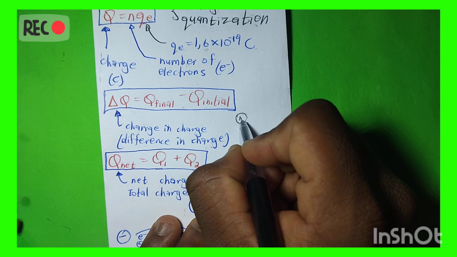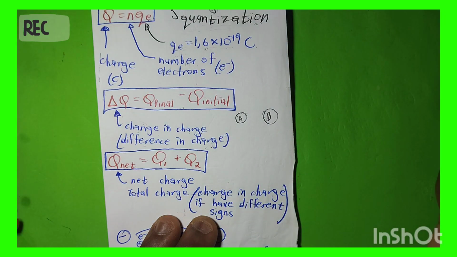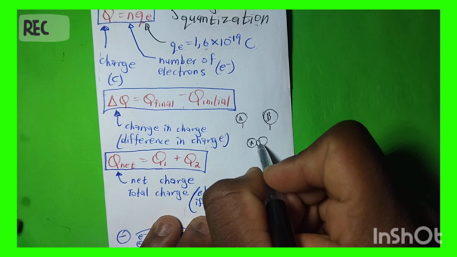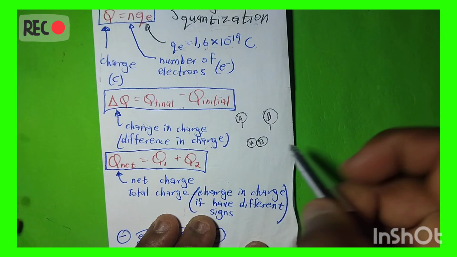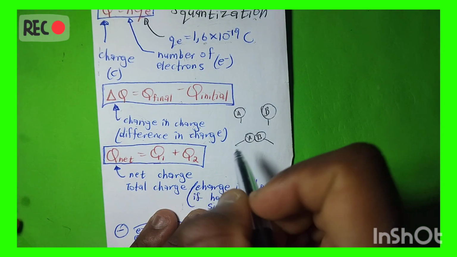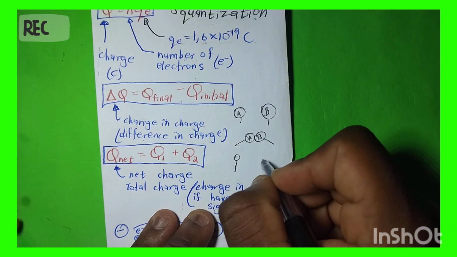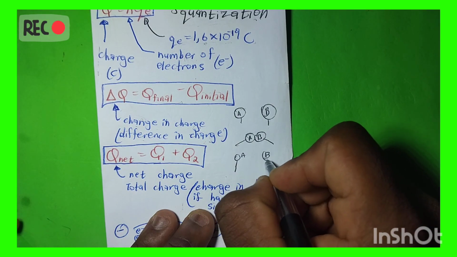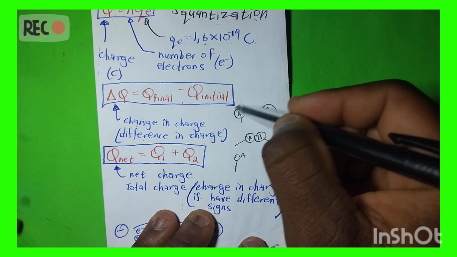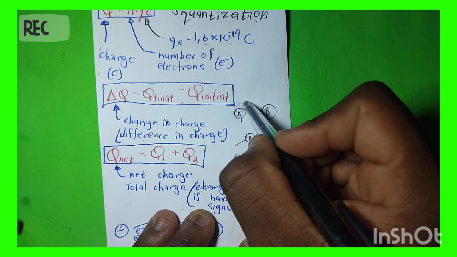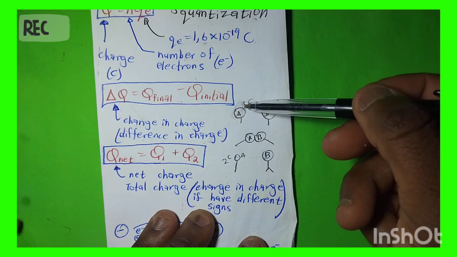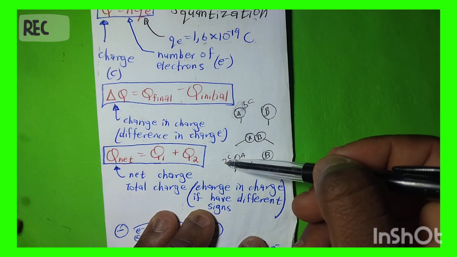Let me say this is charge A and this one is charge B. Those two charges are brought in contact, meaning they combine them, then they separate charge A and charge B. If they give you maybe 5, you'll find that the charge will become 2 coulombs.